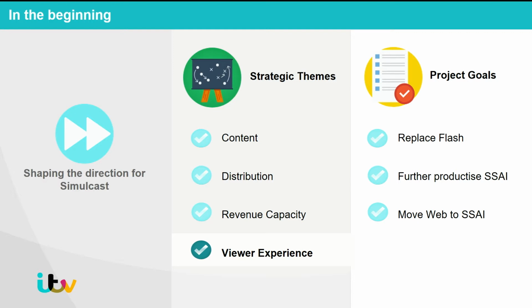So with that strategy in mind, we looked at a vehicle we could use to start tackling that. And we chose the web, and the reason basically is because we were still on Flash for live. We'd done HTML5 for VOD using Dash.js, but we needed to replace Flash. We'd had a go at server-side already, HLS just on the iOS platform, but there was lots of proof of concept software with no product team looking after the software.